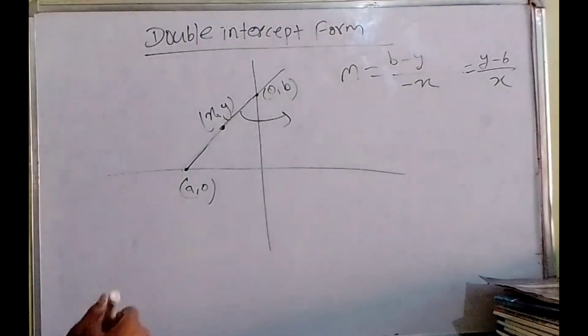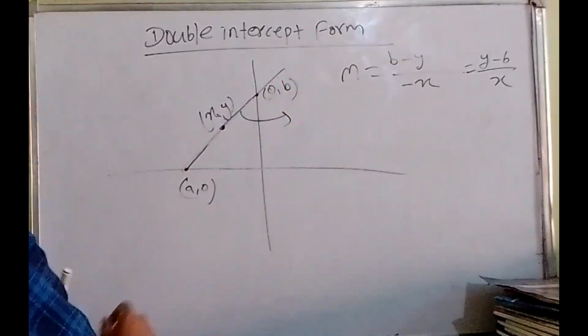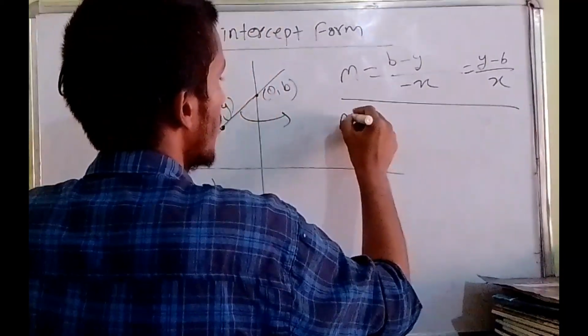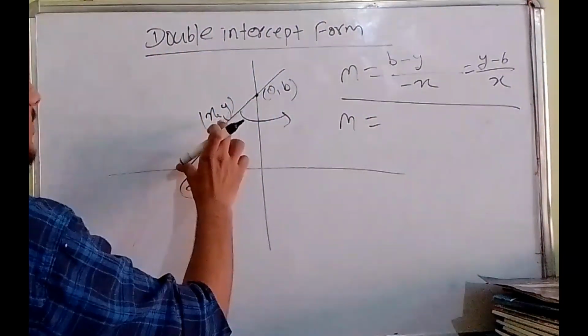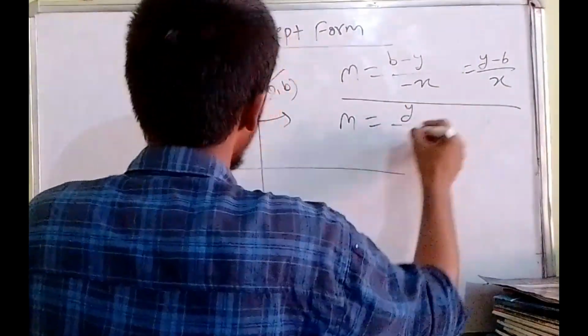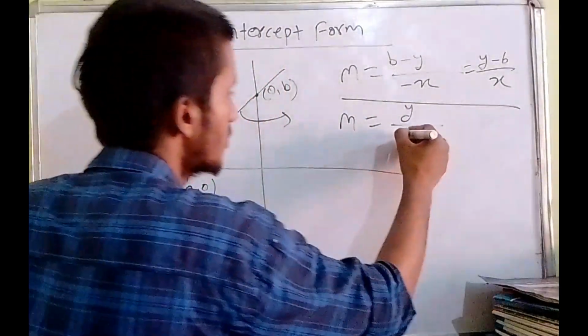So this is the slope of this portion. Let's find the slope of this one. It will again be m, which is y minus 0, which is y, divided by x minus a. So this will be the slope.